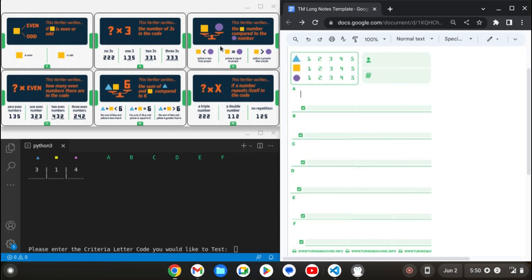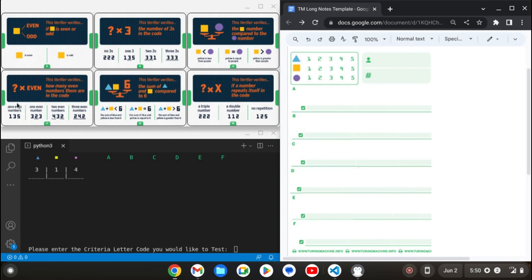Criteria card C will compare the middle and last digit, the square and circle, and will let us know whether the square digit should be less than circle, should they be equal to each other, or should square be greater than circle. Criteria card D will look at the 3-digit code and let us know how many of those are even digits.